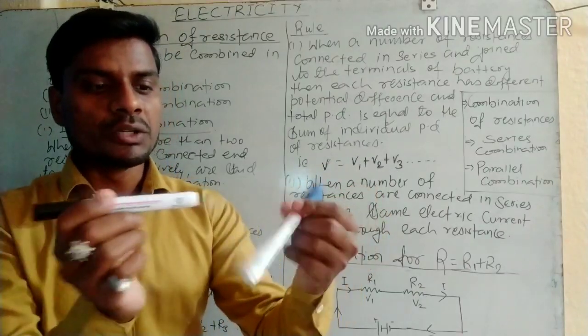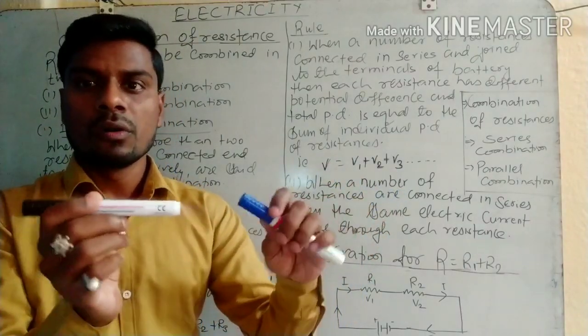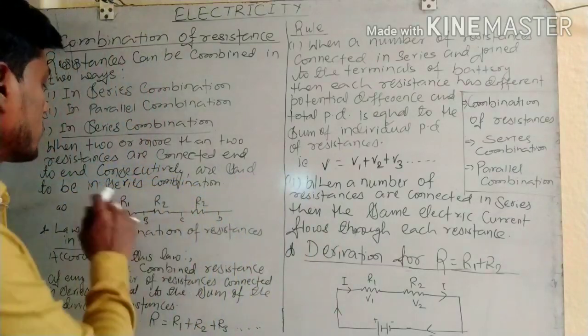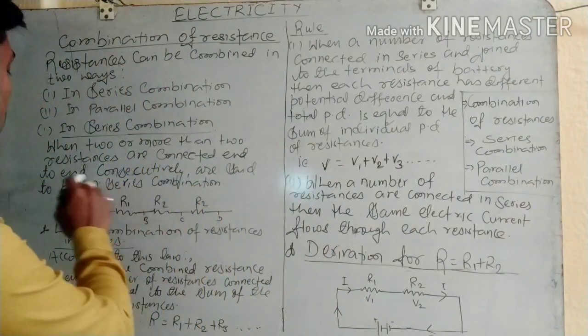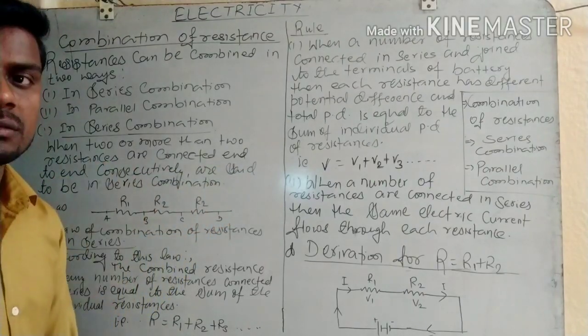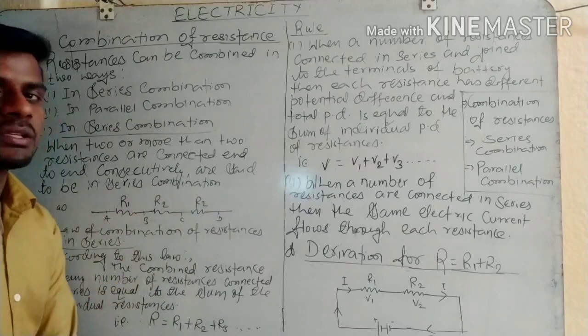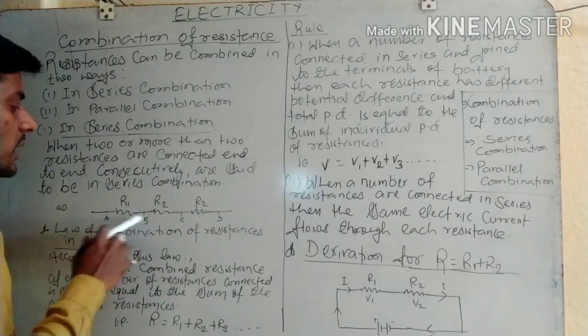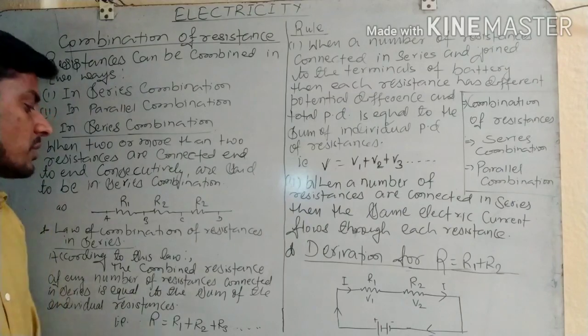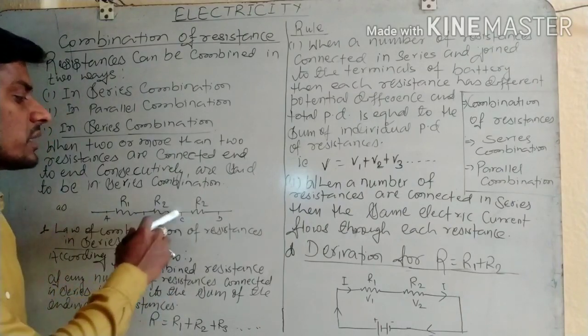So that means end to end. When resistances are connected end to end consecutively, they are said to be in series combination. For example, here AB, BC and CD are three resistances which are combined end to end.